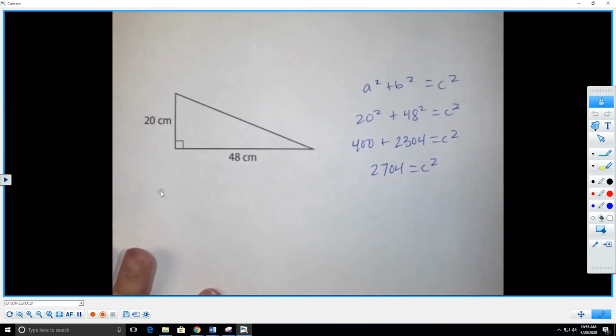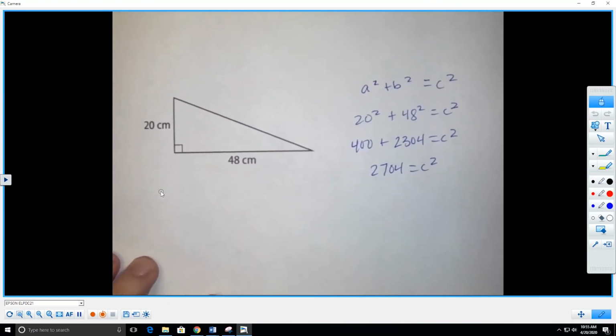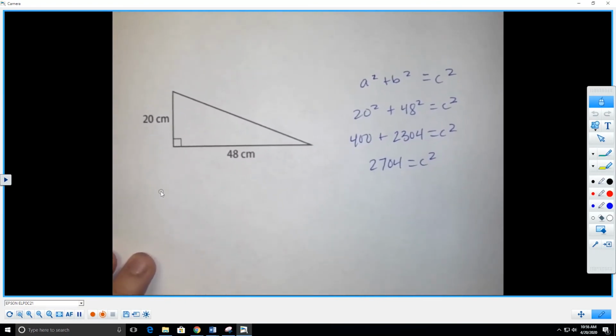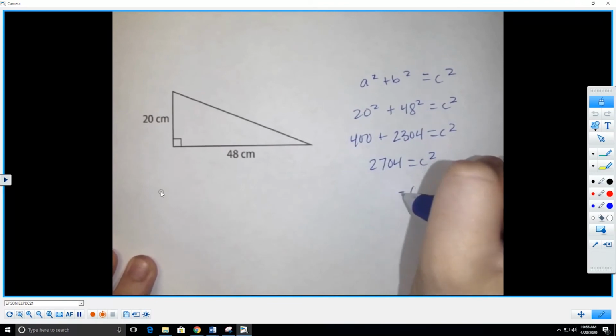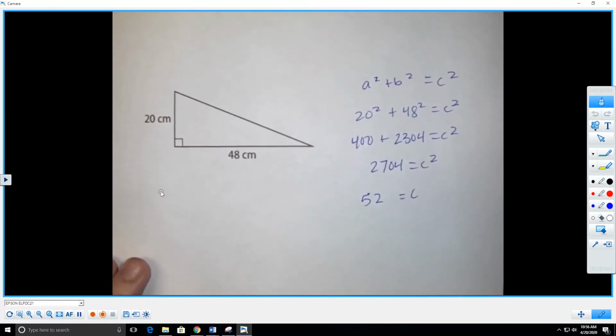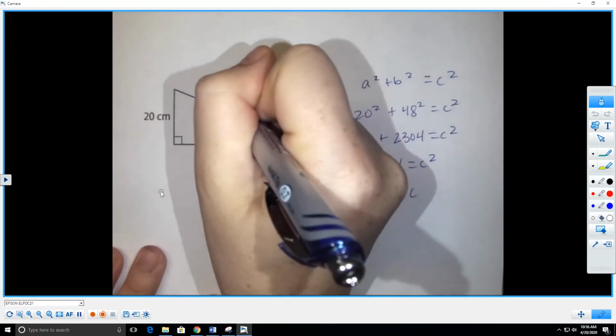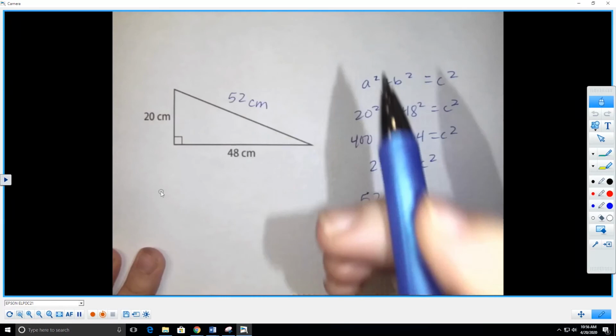Now to solve it from here, as you know, you're going to take the square root of each side. Make sure that for this part, you use your calculator or your calculator app. And when you do that, we have C equals 52. So in this case, we calculate the length of the hypotenuse on the right angle is exactly 52 centimeters long.